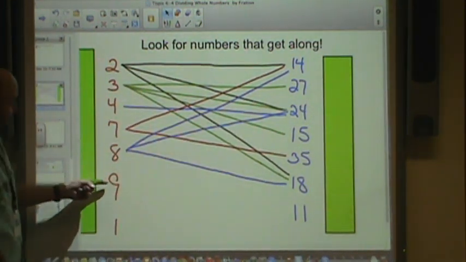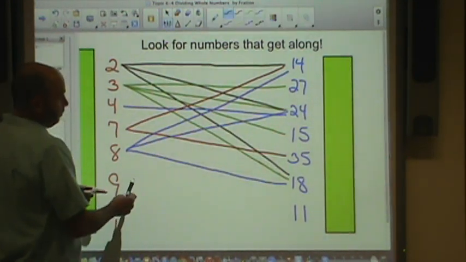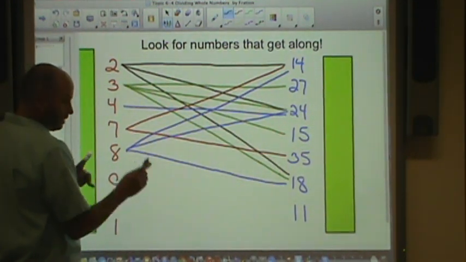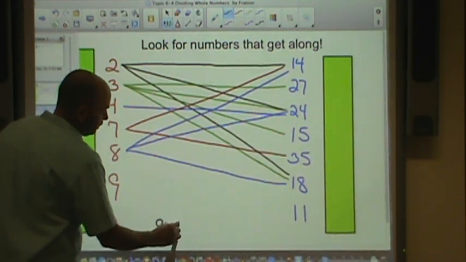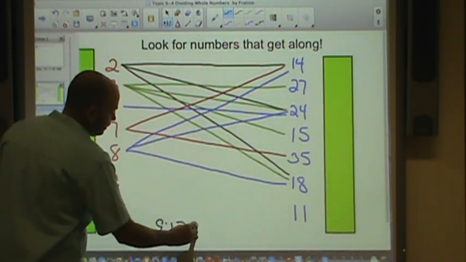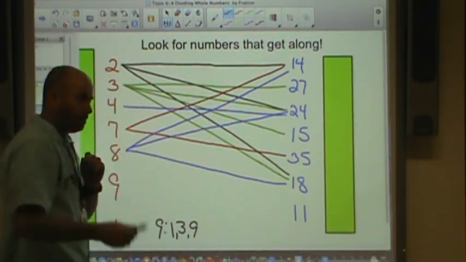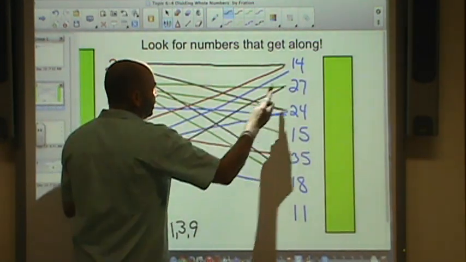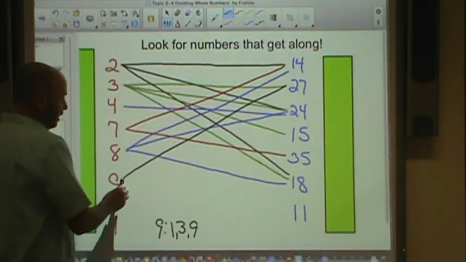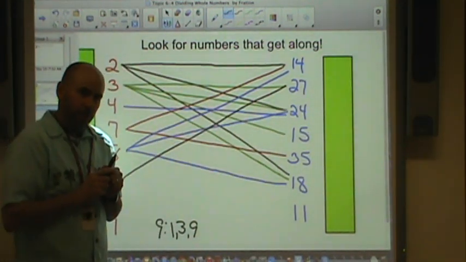How about 9? When we look at 9, let's think about the factors of 9. 9 has the factors of 1, 3, and 9. So let's just think about those. 9 certainly gets along with 27. Does 9 get along with 24?